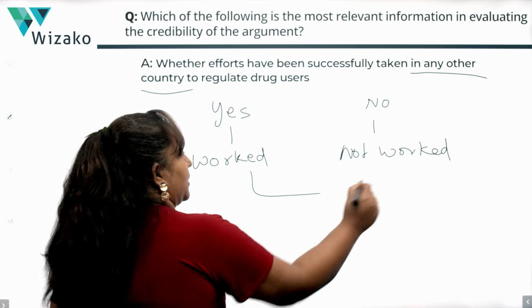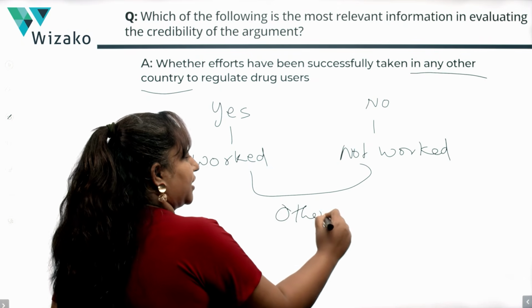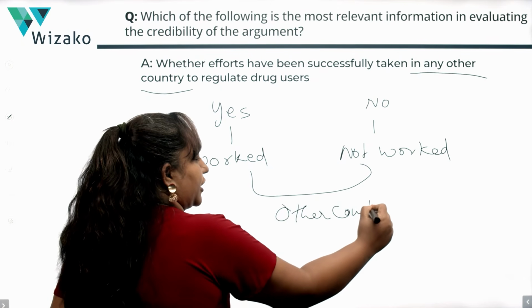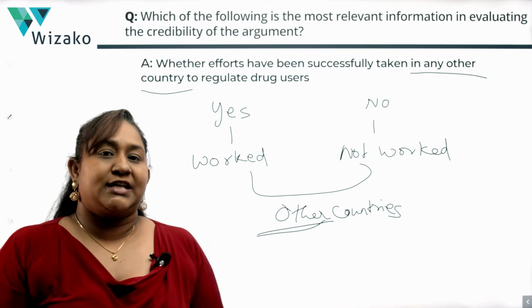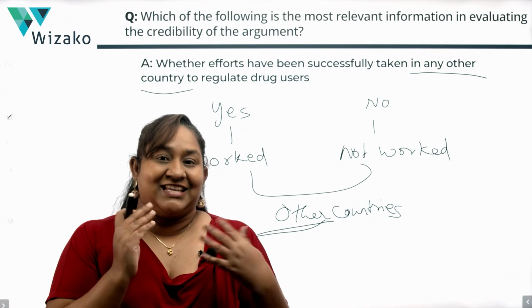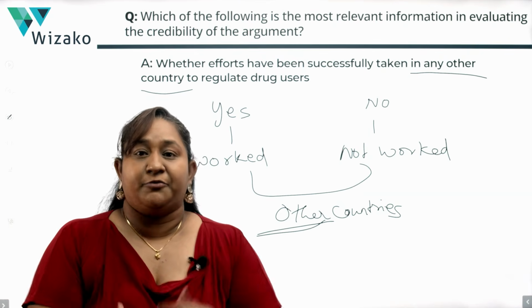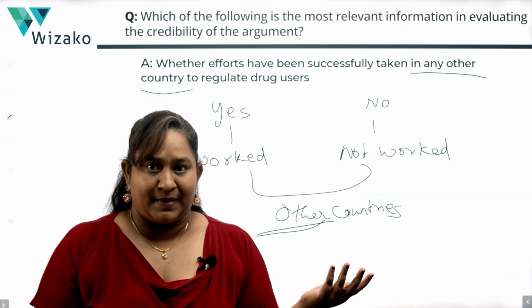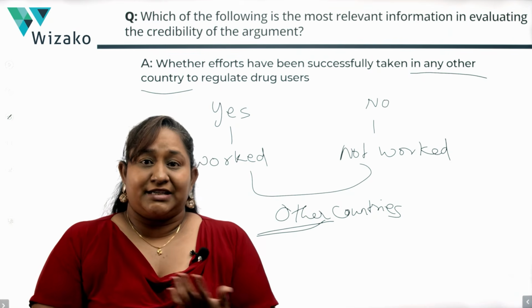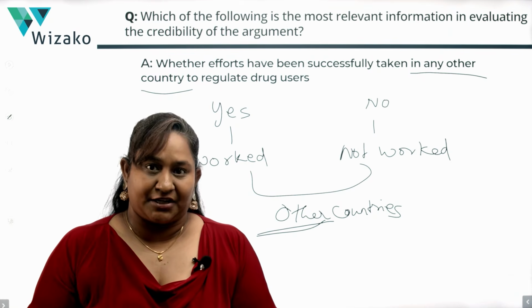At the end of the day, we are talking about other countries. If you're talking about other countries, what is the guarantee that what's happening in one country will happen the same way for another country? For example, we are going through a global pandemic. There are so many countries that have taken some sort of an action.